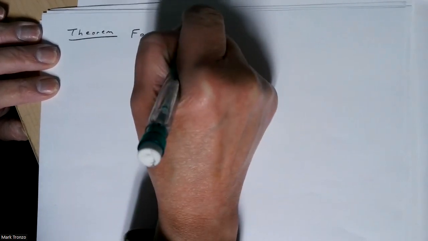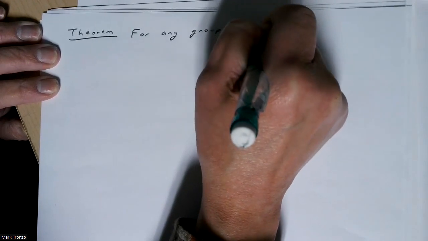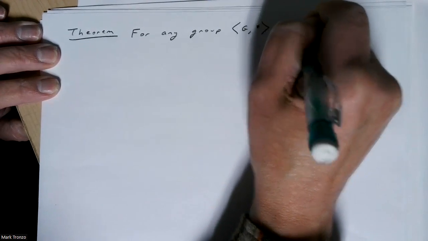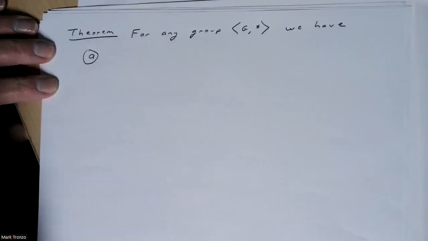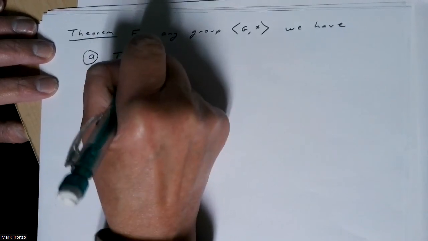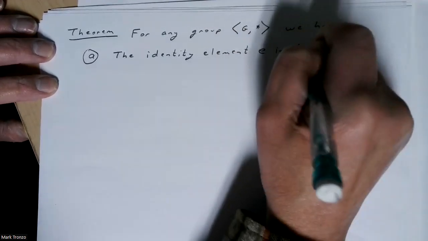Another theorem says that for any group G, we have, first, the identity element E in G is unique.